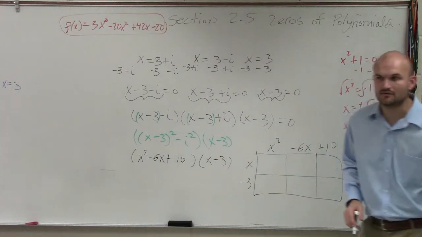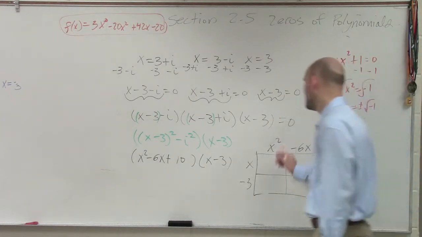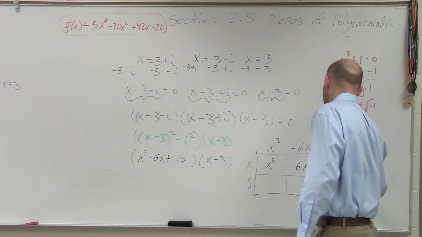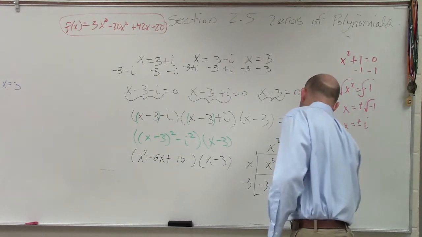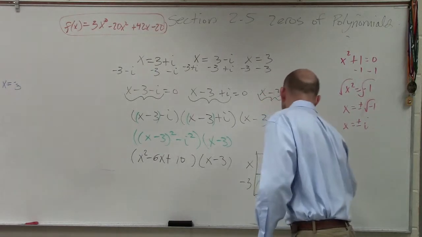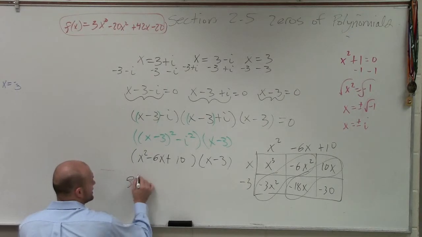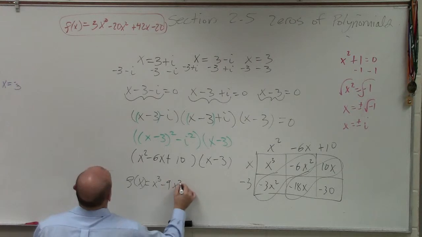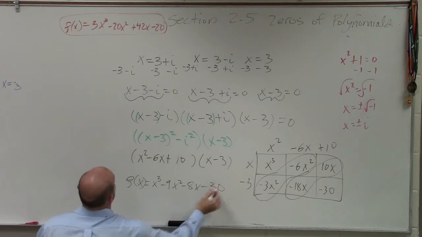Now you find the area of each box. x times x squared is x cubed, negative 6x squared, 10x, negative 3x squared, negative 18x, negative 30. And then we know that those two terms are the same, so our final polynomial, ladies and gentlemen, is going to be f of x equals x cubed minus 9x squared minus 8x minus 30.